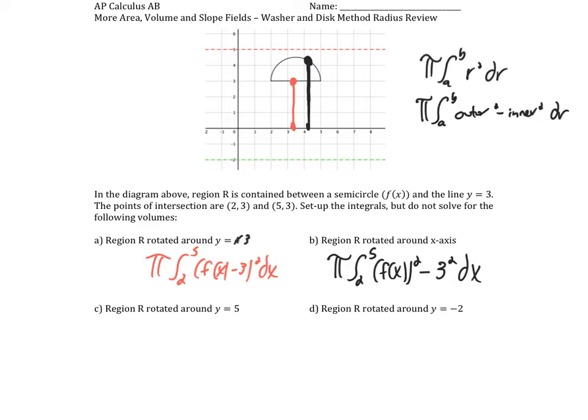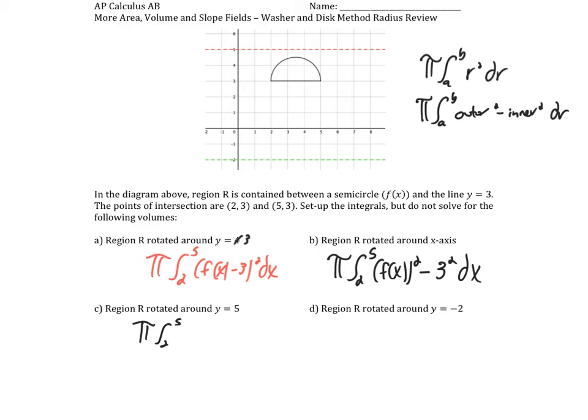All right, let's try C. Region R rotated around the line y equals 5. Since none of the region in this case is touching that axis, we know it's going to be a donut. So I know I'm going to be pi from the region 2 to 5. Now I need to find my outer radius.